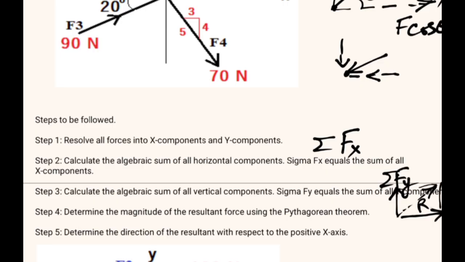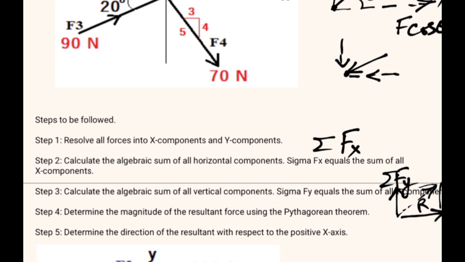This will be your R, as you have seen in our previous lecture where we calculated the resultant of two coplanar concurrent forces by using the parallelogram law. Here these two forces sigma Fx and sigma Fy will be at 90 degrees, and it will be very easy to calculate the value of R as square root of sigma Fx squared plus sigma Fy squared.